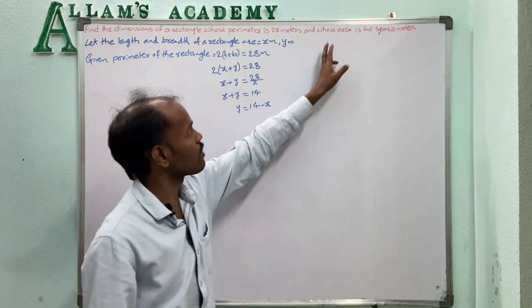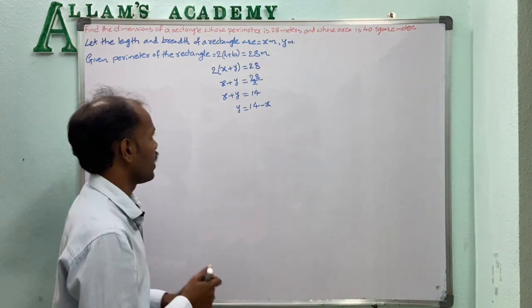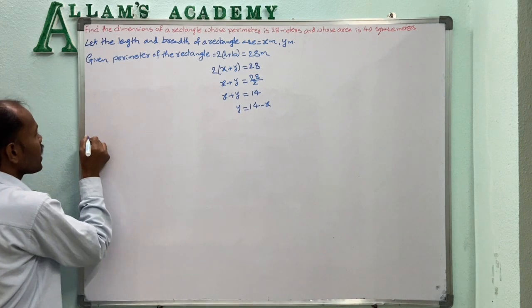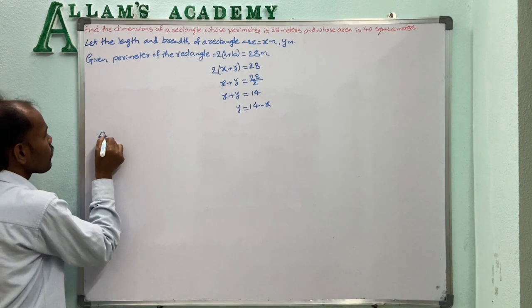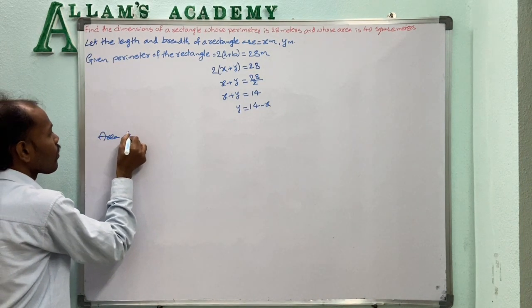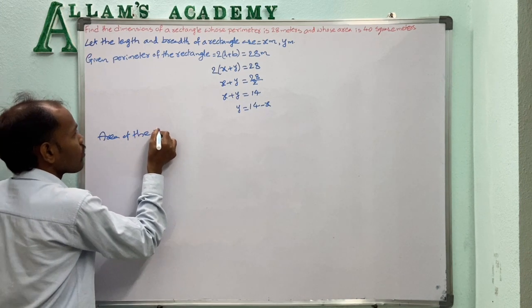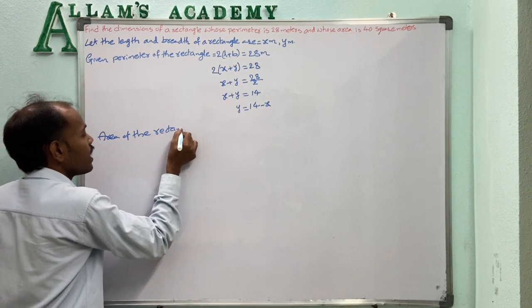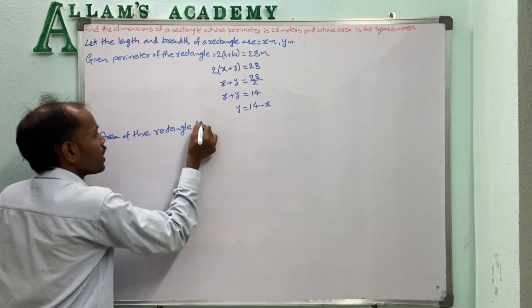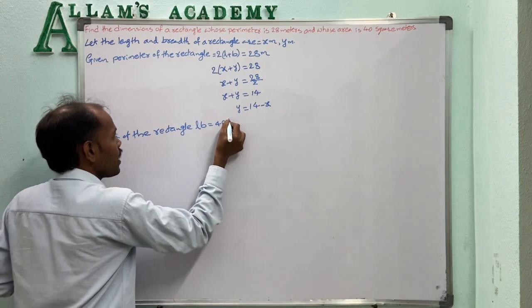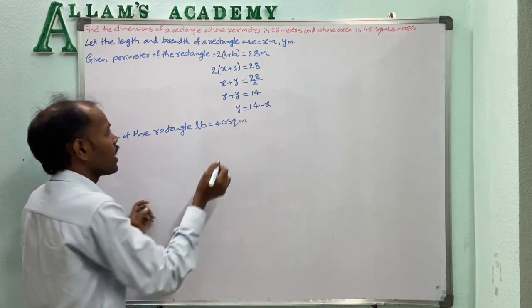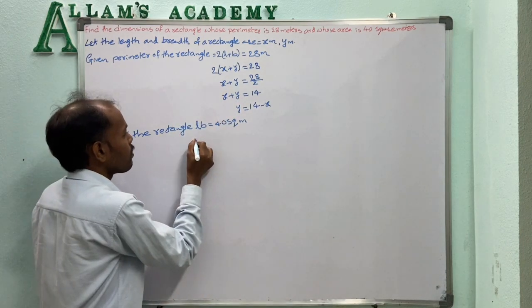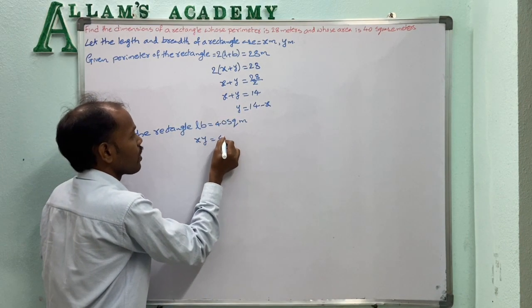Now the next given is area is 40 square meters. So area of the rectangle, L into B equal to 40 square meters. Here L is x and B is y, so xy equal to 40.